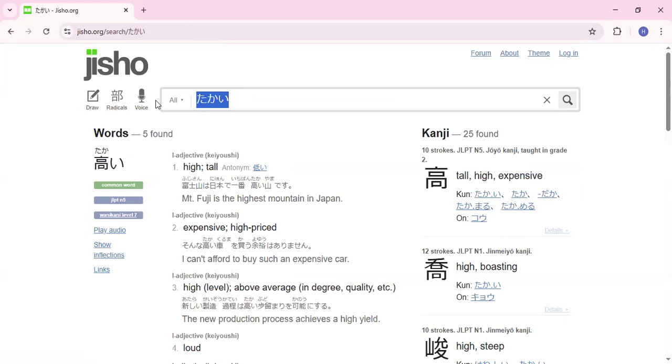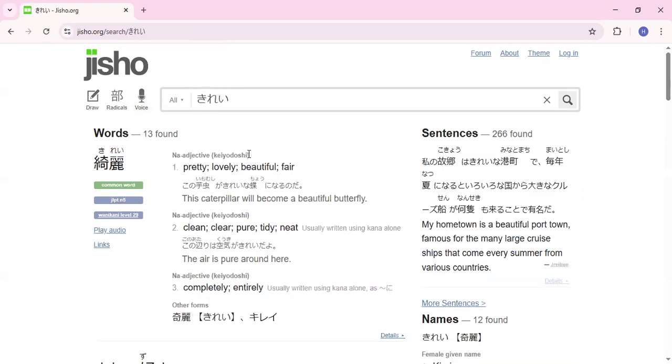And then you have kirei, which is an adjective. So kirei, a na adjective, or a keiyodoshi. Keiyoshi is how Japanese people call an adjective. So actually, Japanese people don't know what i adjectives and na adjectives are. For them, adjectives or keiyoshi are just the i adjectives. And na adjectives, they call keiyodoshi, right?